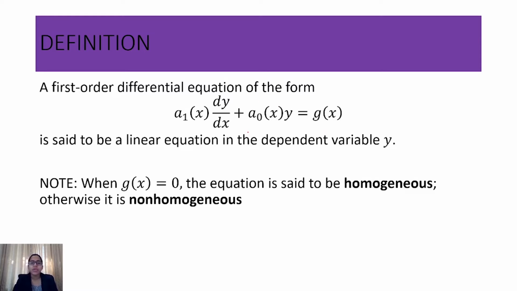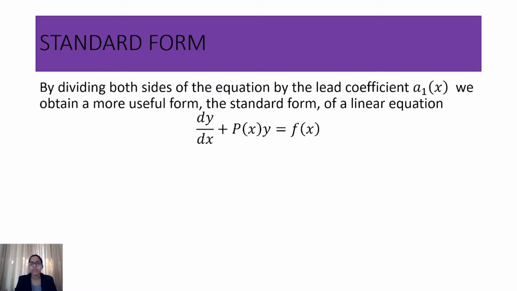I am going to call the function a0(x)/a1(x) some p(x), and g(x)/a1(x) some other function, say f(x). So this is the standard form. Here p(x) is nothing but a0(x) by a1(x).